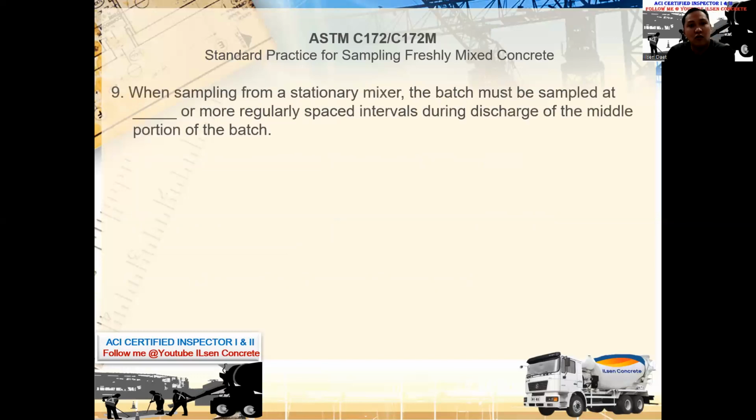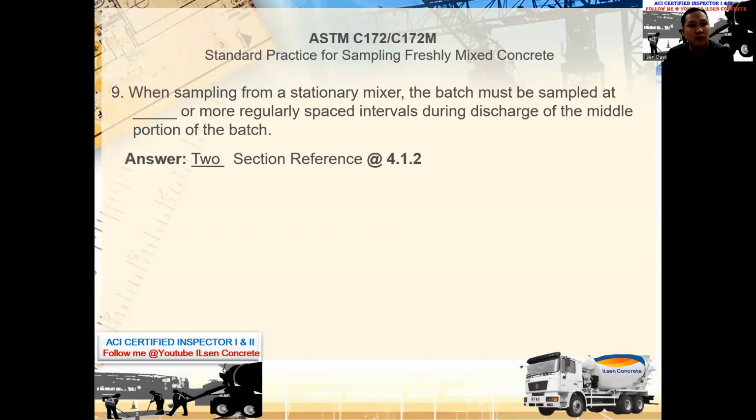Number 9: when sampling from the stationary mixer, the batch must be sampled at blank or more regularly spaced intervals during discharge of the middle portion of the batch. Always remember this. So what is the answer, guys?